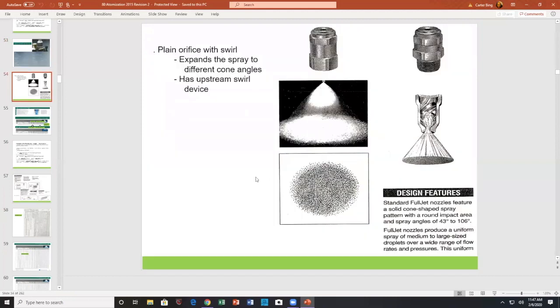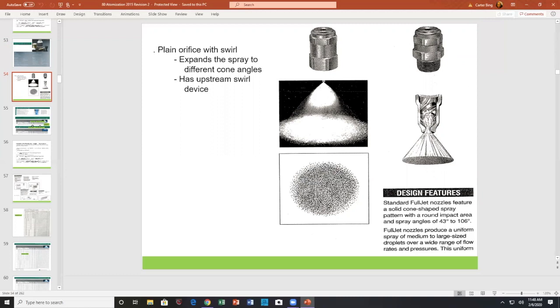You may, with a full cone nozzle, making sure that there is no center vortex. Right? If this thing was allowed to spin in here, I would form a vortex that goes all the way up through.